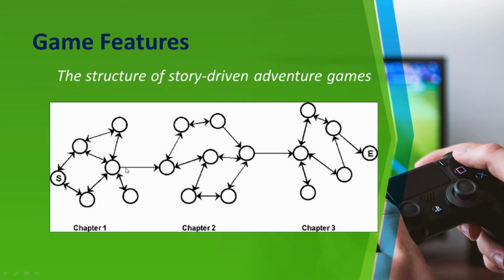As you can see, the arrow that connects chapter 1 to chapter 2 will only have one direction, meaning if you proceed to chapter 2, you won't be able to go back to chapter 1. Unlike these arrows, meaning if you're in this part of the game, you can go in there, go in here, or go anywhere you want within chapter 1, but you can't go back a chapter.